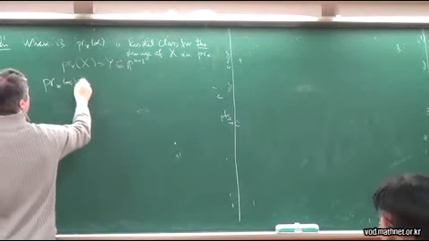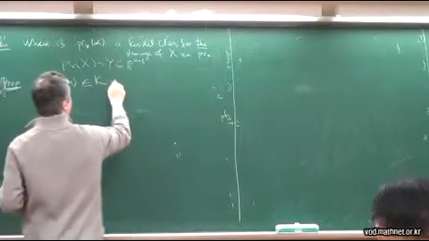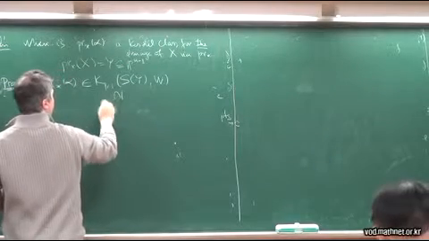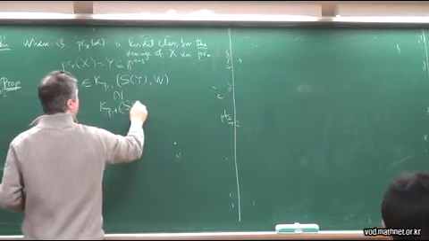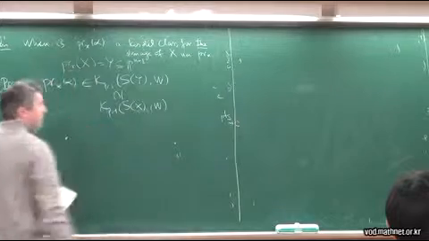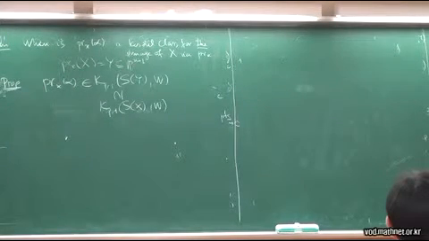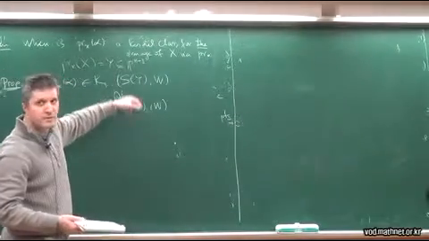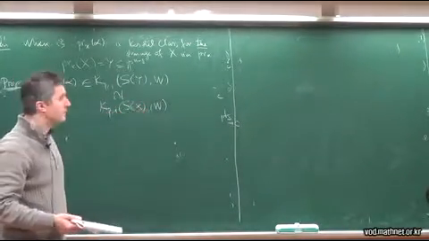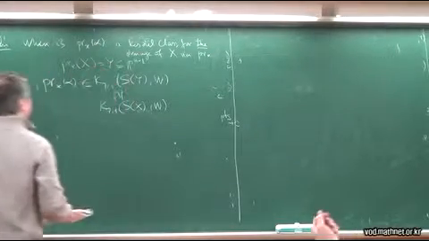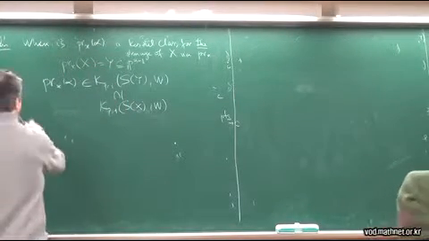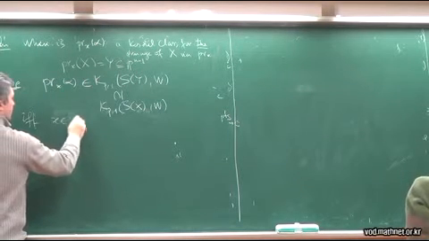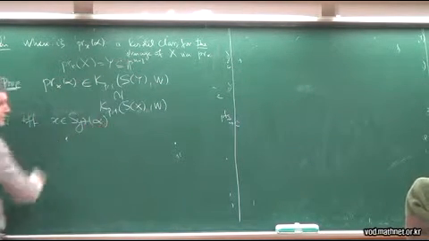The projection of alpha is in K_{p,1}(S_Y, W), and this is embedded in K_{p,1}(S_X, W) with that notation, because here we only have polynomials which do not depend on x_0, if and only if X belongs to the syzygy variety of alpha.